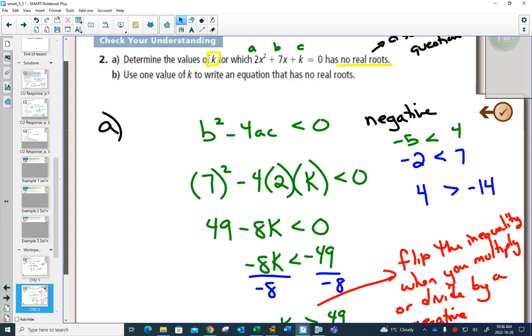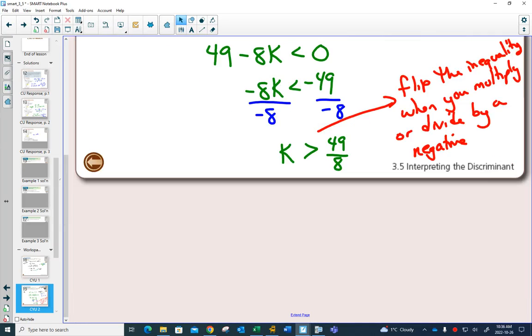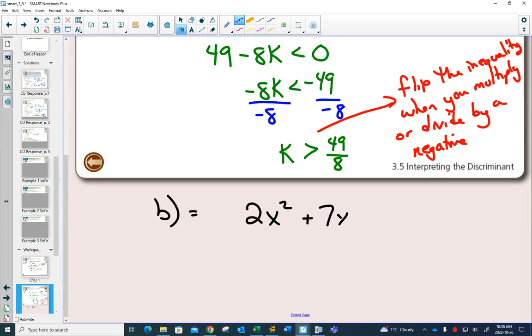Then part B says use one value of k to write an equation. So now we have to write an equation that has no real roots, and we already know that it's 2x squared plus 7x. And now we have to put something in for k.